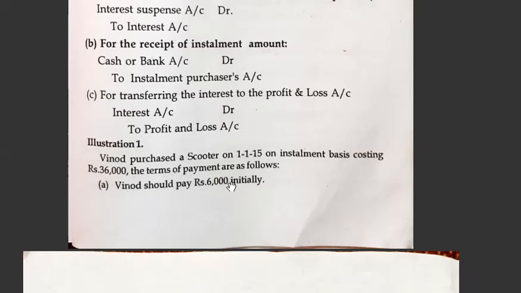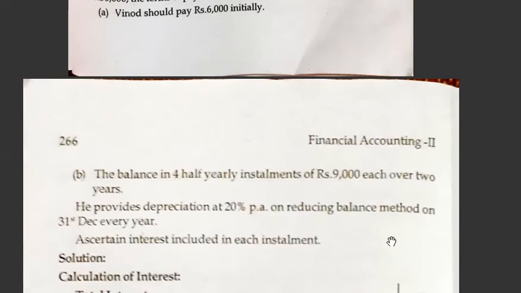The terms of payment are as follows: he should pay rupees 6,000 initially, that is the down payment. The cash price is 36,000.